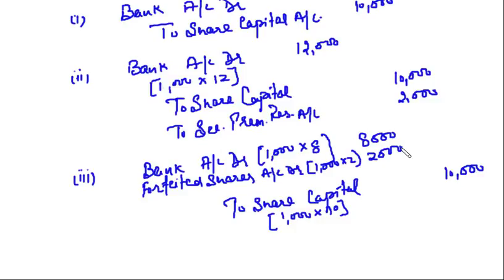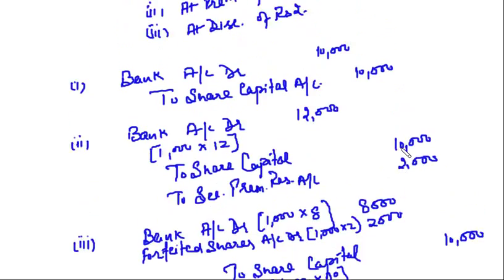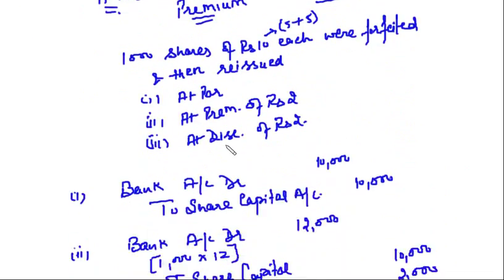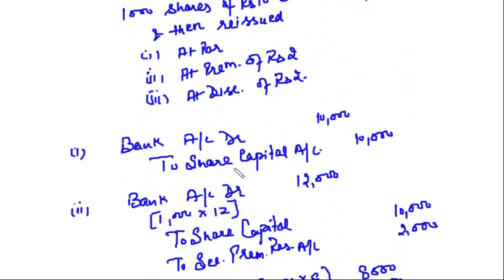And I told you there are restrictions on the use of this forfeited shares account. It cannot be freely used for all purposes. Clear? So this is how you have to pass the entries in case of reissue. If it is at par, it is simple, bank to share capital.